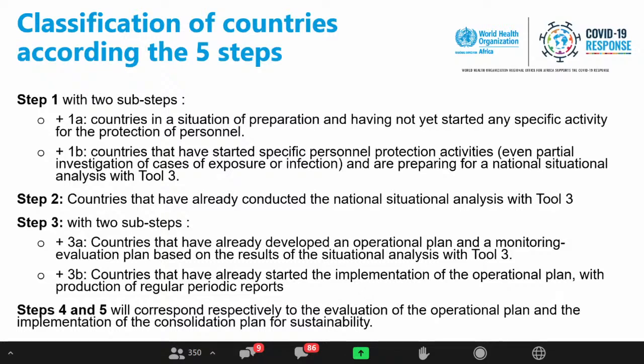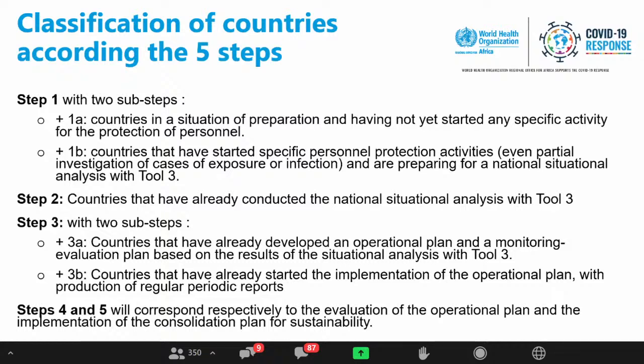In step 1, we have 2 sub-steps. 1A is for countries in a situation of preparation and having not yet started any specific activities for the protection of persons. 1B is for countries that have started specific personal protective activities, even partial investigation of cases of exposure or infection, and are preparing for a national situational analysis with tool 3.